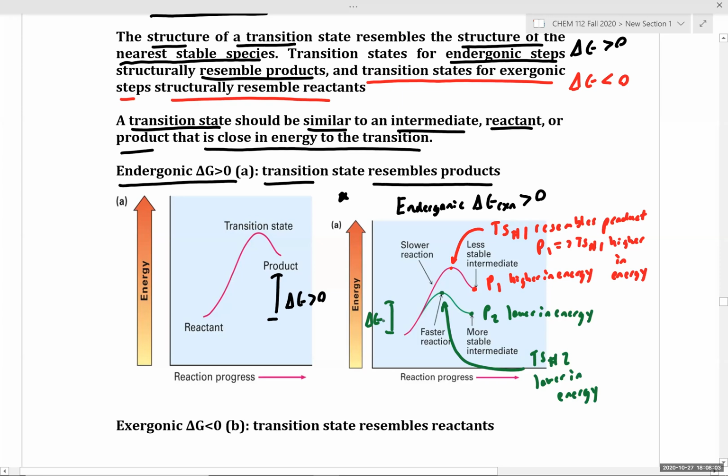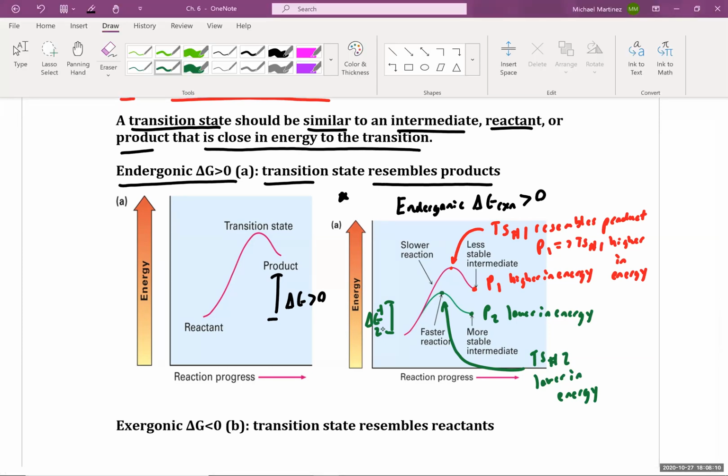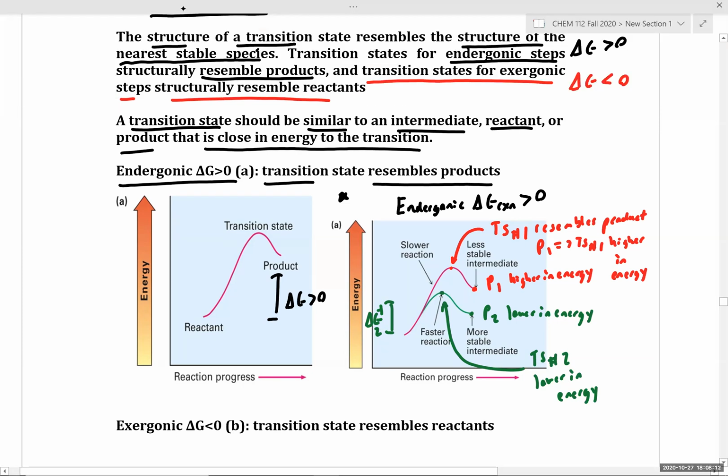now, if we look at the Gibbs energy, if we look at the activation energy for these two reactions, which of these products is the kinetic product? Which product has the lower activation energy? Product 2, exactly right. So product number 2 is the kinetic and thermodynamic product.